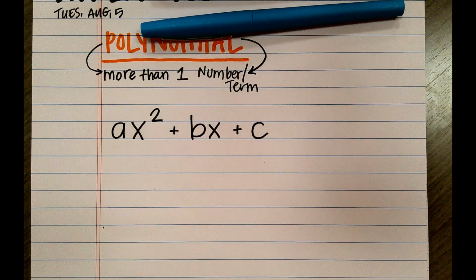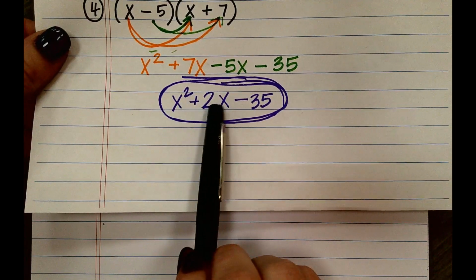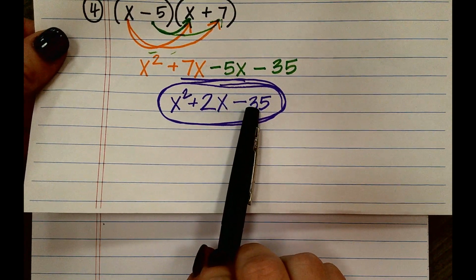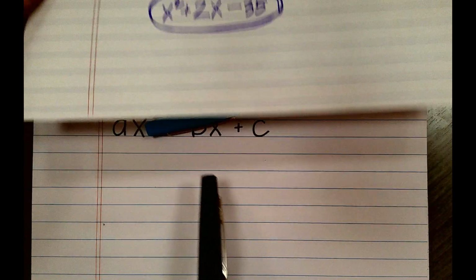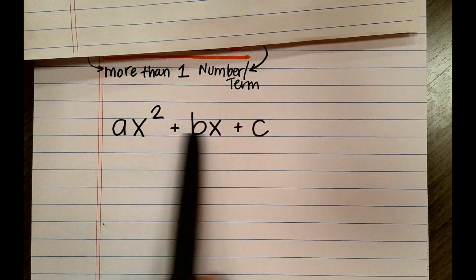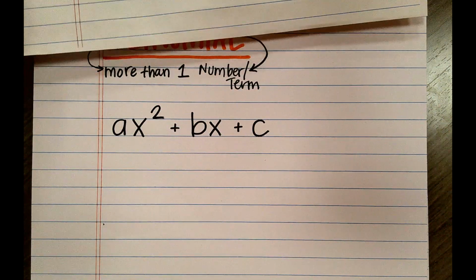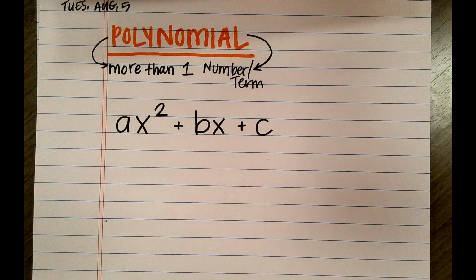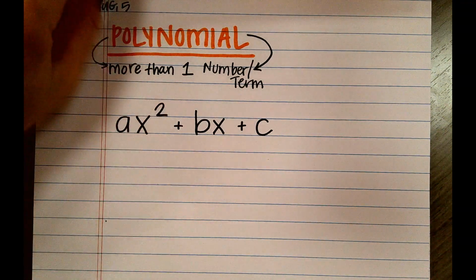Just like in our do now, we ended up with x squared plus 2x minus 35. Do you see how this is the same form as that, right?